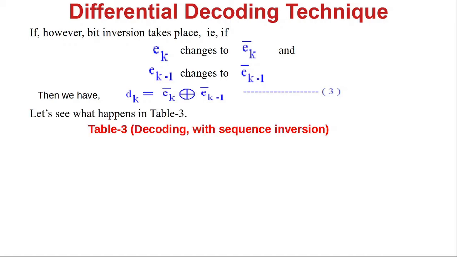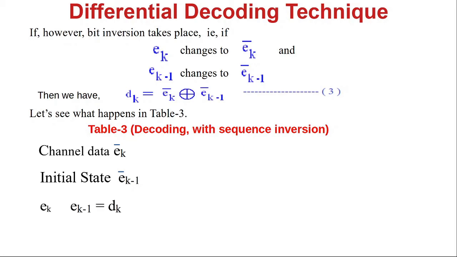So table 3 is the representation of the decoding output with sequence inversion. Here the channel data ek bar and the initial state will be ek minus 1 bar, and the data stream received at the output will be dk, that will be ek bar XOR ek minus 1 bar.